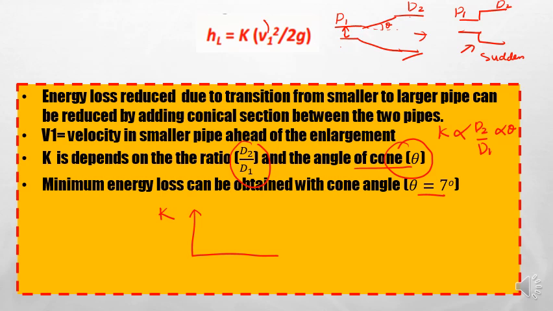I'll show you later how to use this diagram, but the concept is still the same as the other conditions, in which you need to know the ratio between D2 and D1, and of course the angle of the cone here. Once you get the intersection here, you can get the K value directly.